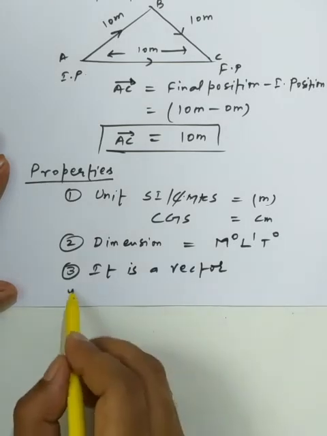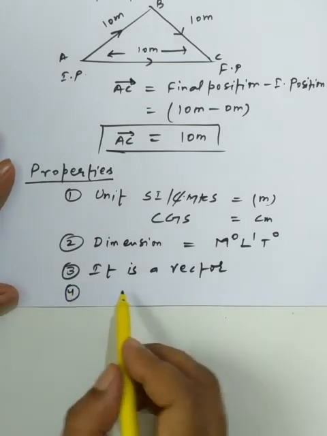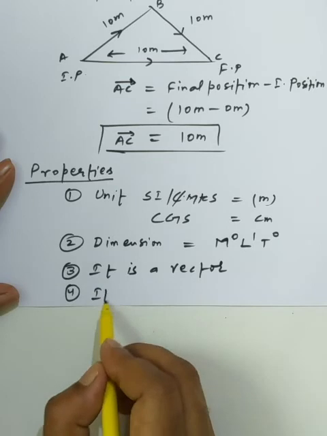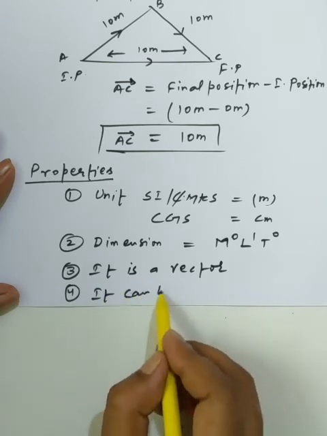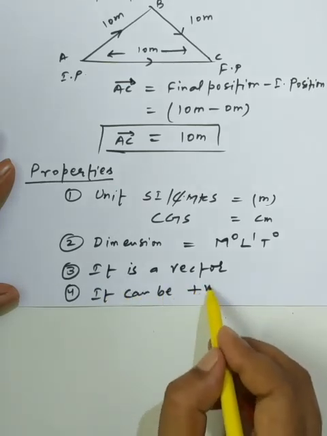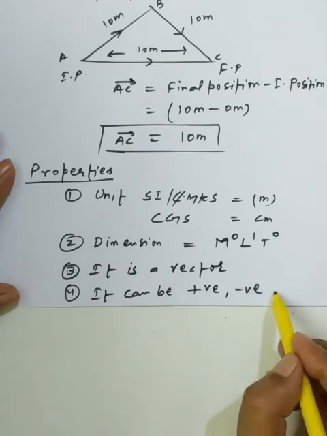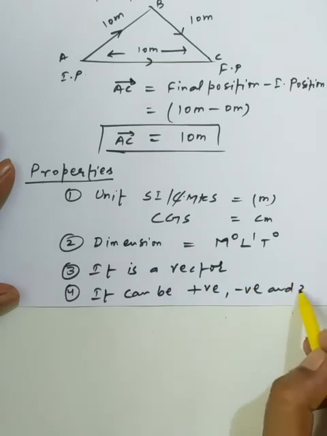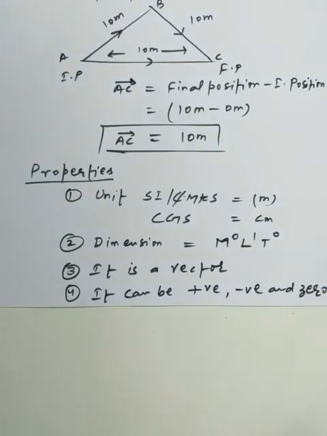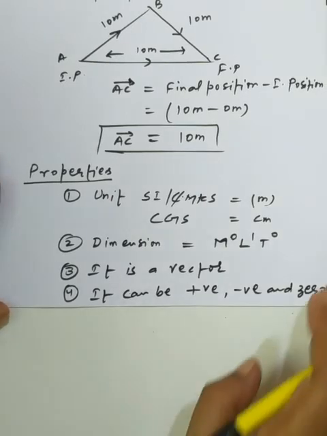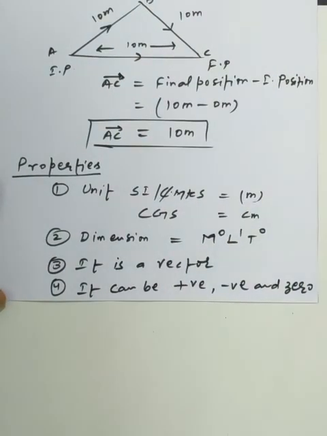If it is a vector, then it can be positive, it can be negative, and zero. So the three characteristics are possible on behalf of the vector notation. It can be positive, negative, and zero. So how can we represent them? We will discuss it.